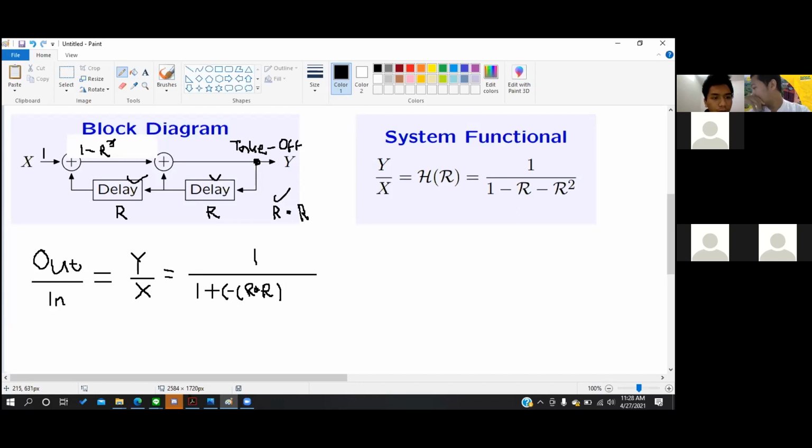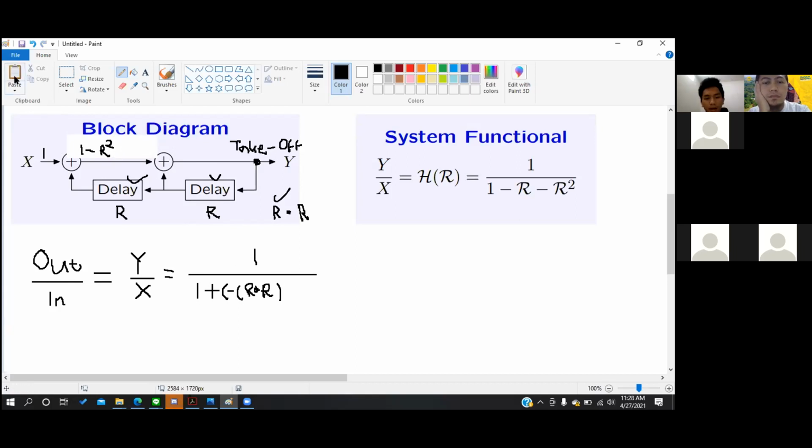or r squared. Now, the second summing point is analyzed the same way as the first summing point. For the second summing point, 1 minus r squared is summed by a delay. A delay is basically an r, and since it goes back from the takeoff point to the summing point, the magnitude is minus.